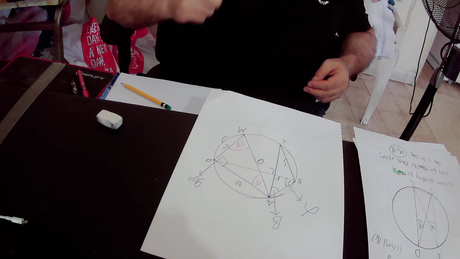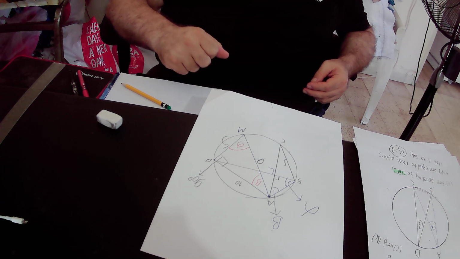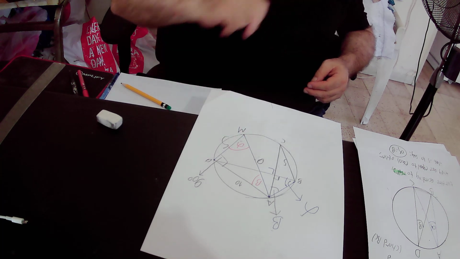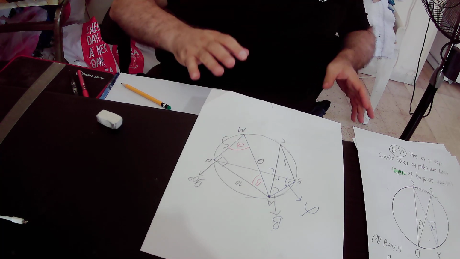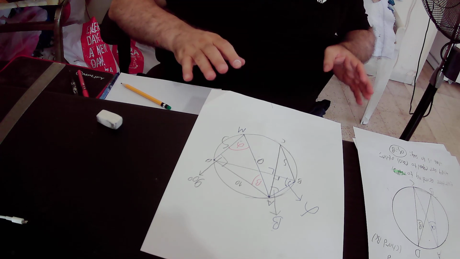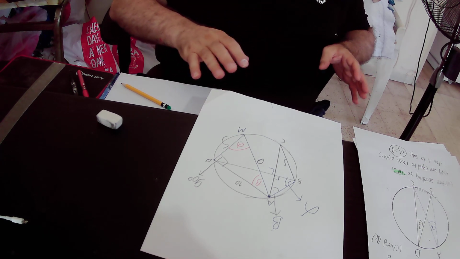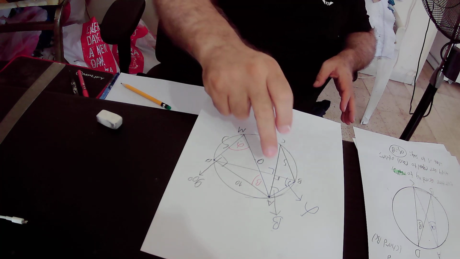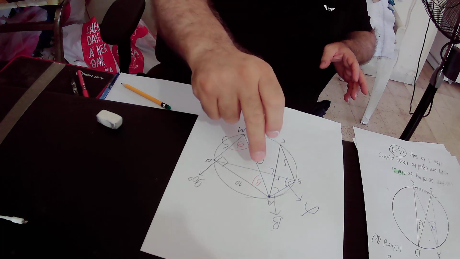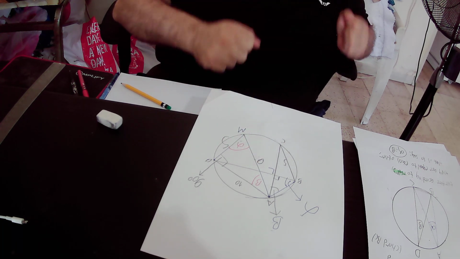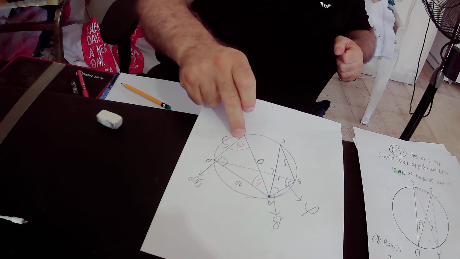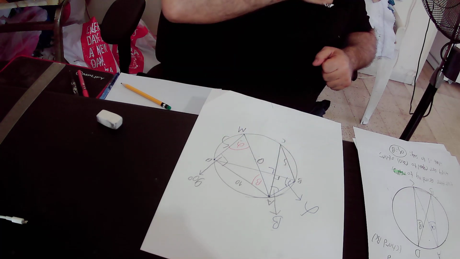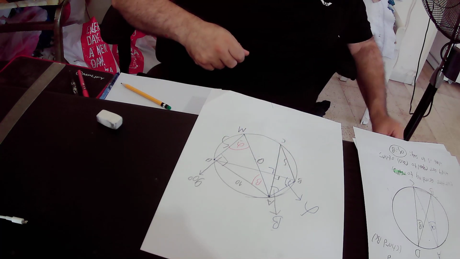Therefore, according to rule number 2, angle ABD also will be equal to alpha, because if you have two angles that rest on the same chord, then they are equal to each other. Therefore, angle ABD equals alpha. Okay?